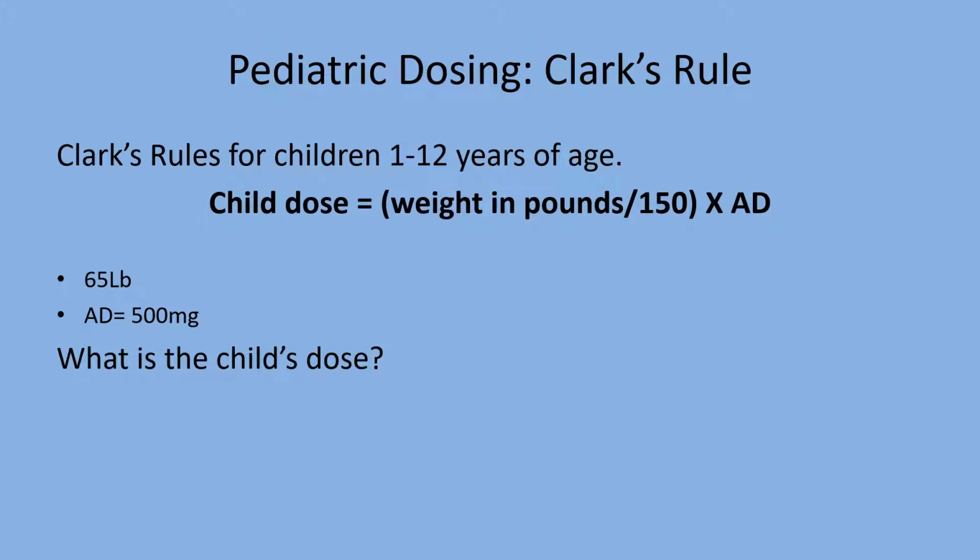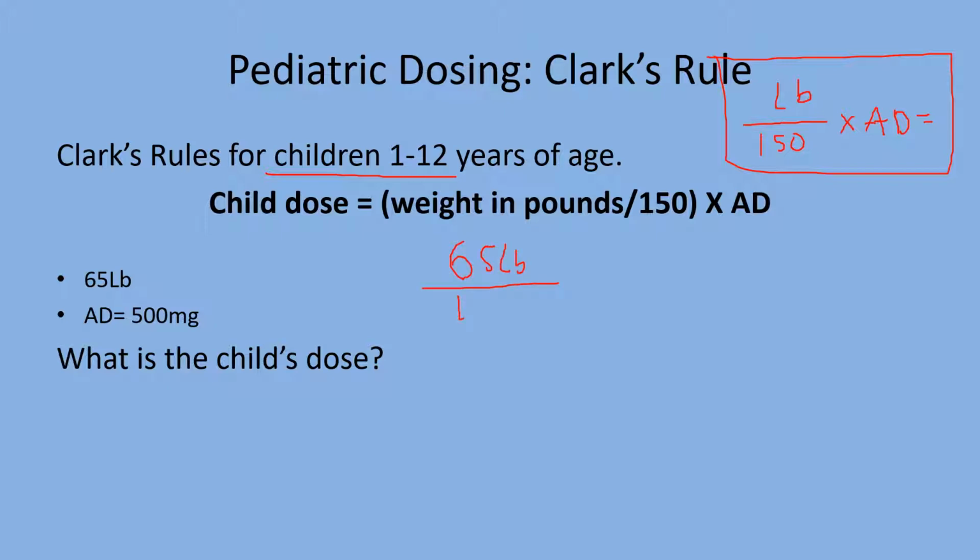Now for Clark's rule, it's going to be for children 1 to 12, and it's very similar. Instead of age in months, you're just going to do body weight in pounds over 150 times the adult dose. So for this first example, we got 65 lbs over 150, and the adult dose is 500. How much would you give this child?